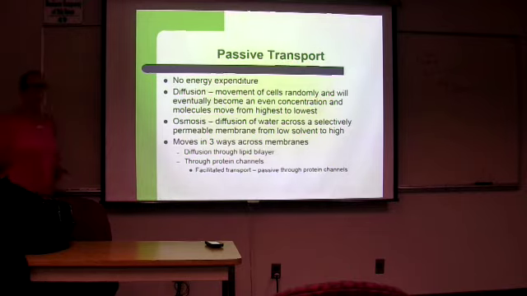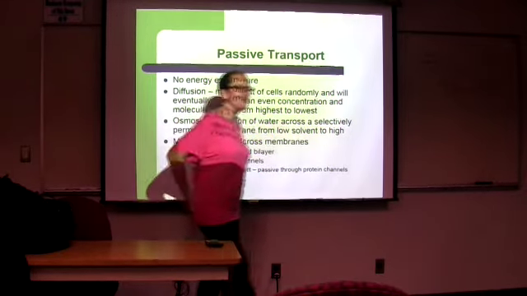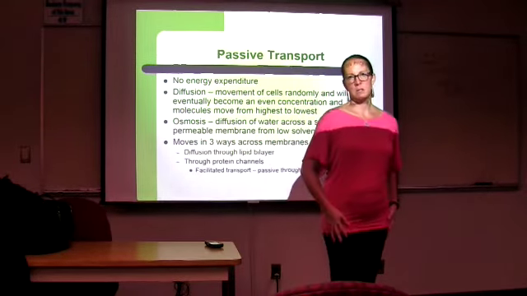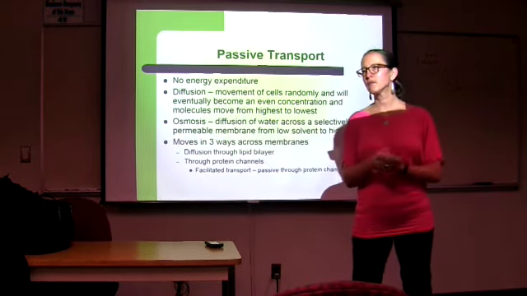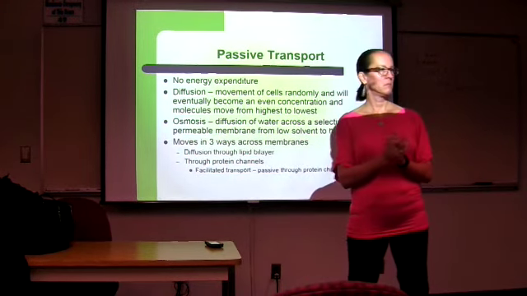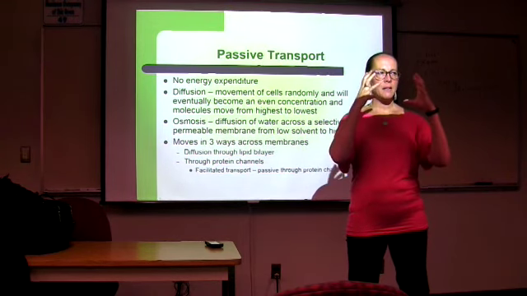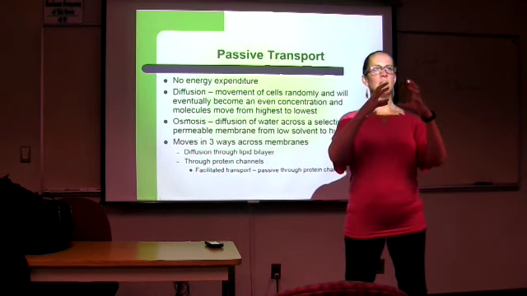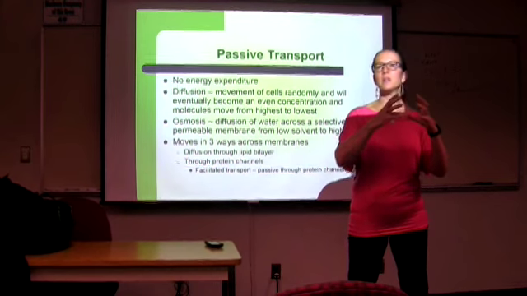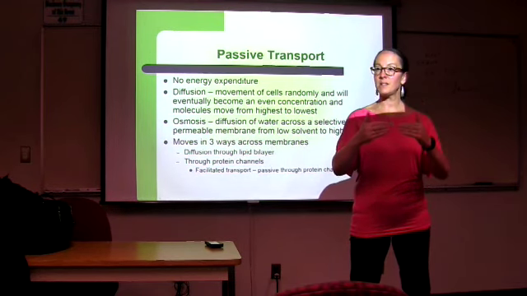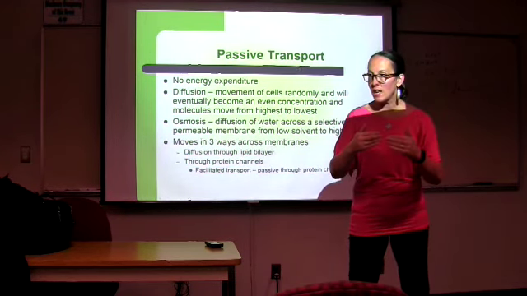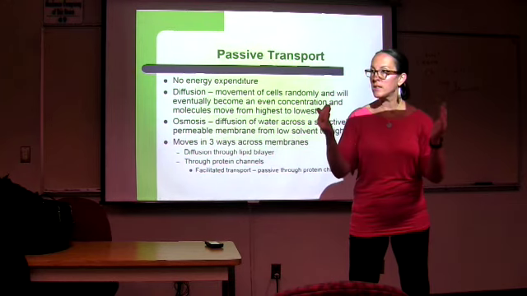Okay. Why do we need to be able to transport substances? To get nutrition or to get rid of waste. So we're looking at the cell. We need to understand how we get nutrients and oxygen into the cell. We need to understand how we get waste out of the cell.